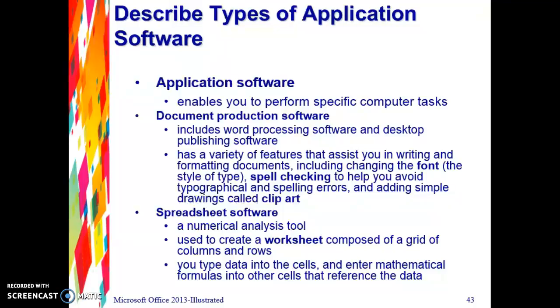Probably some of the most common types of application software are going to be the software that you use for word processing. Now, most of us probably are using Microsoft Word, although I have seen some students say that they haven't been able to purchase Microsoft Office. There is another type of software, word processing software, I should say, that is available for free out there on the internet.